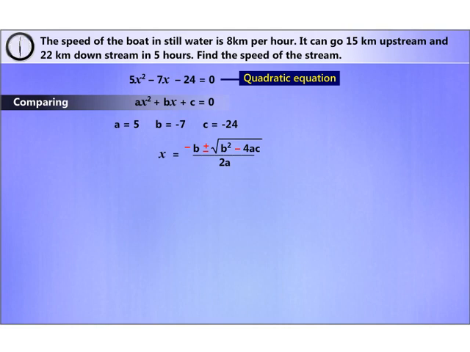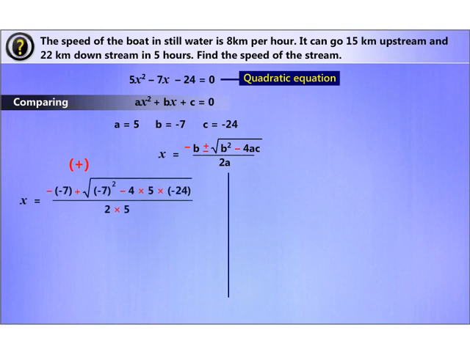Substituting the values of the coefficients and simplifying, we get x is equal to minus of minus 7 plus root minus 7 whole square minus 4 into 5 into minus 24 whole divided by 2 into 5. x is equal to 7 plus root 529 whole divided by 10, that is equal to 7 plus 23 divided by 10, which is equal to 30 by 10, that's equal to 3.